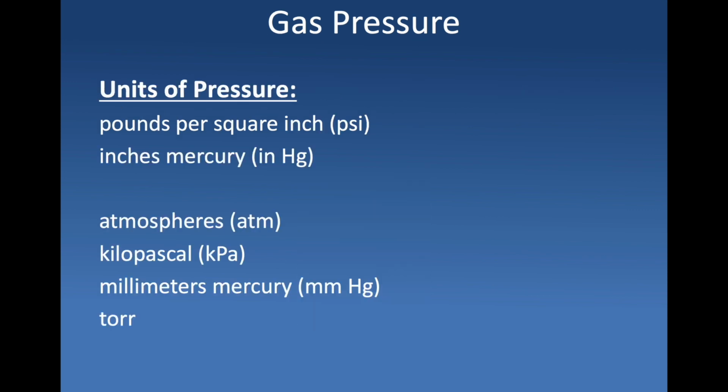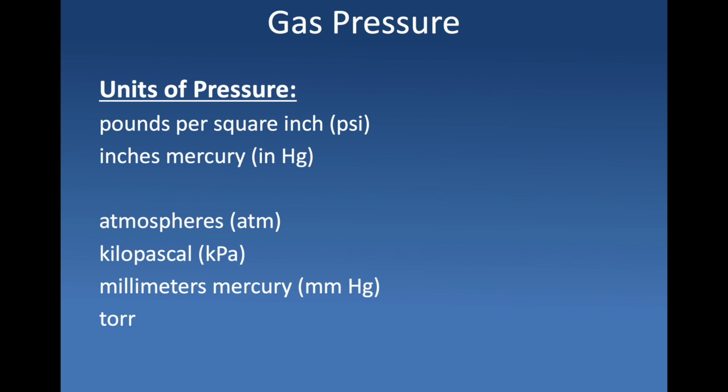There are many, many different units of pressure. The one we're probably most familiar with is the English unit pounds per square inch, PSI. But also an English unit is inches of mercury. The other units are metric units, so there are atmospheres, ATM, which is very commonly used in chemistry.